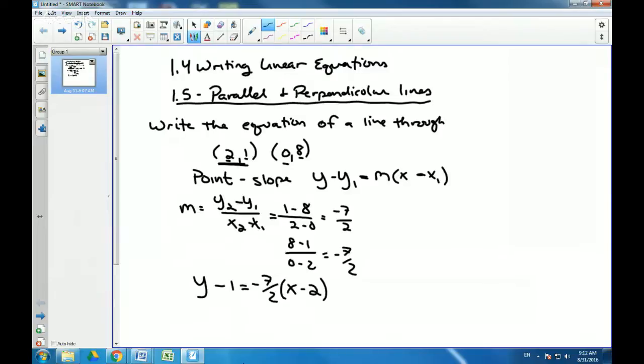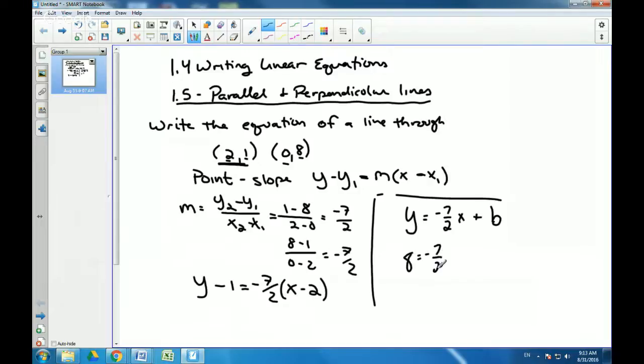Most of you are trained to do this, right? You use slope-intercept and then you plug a point in. I would pick this one because it's got 0 in it. See how much longer this takes?